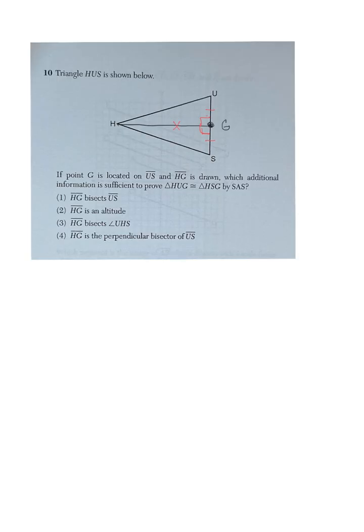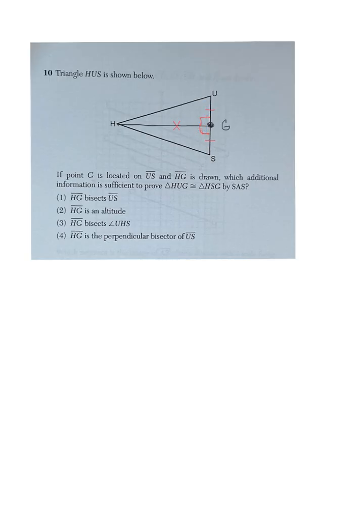Now, if you read this, it says which additional information is sufficient to prove these triangles are equal by side, angle, side. Okay, so let's go here. Choice one says HG, that would be this line right here, bisects US. In other words, it cuts it in half.